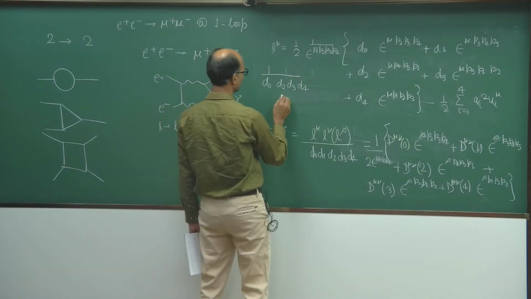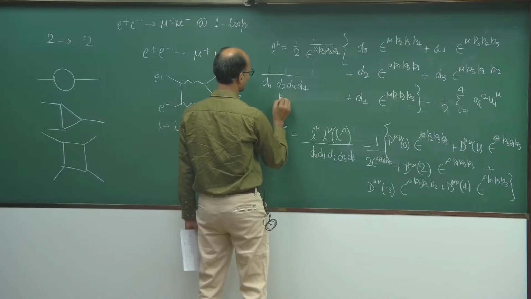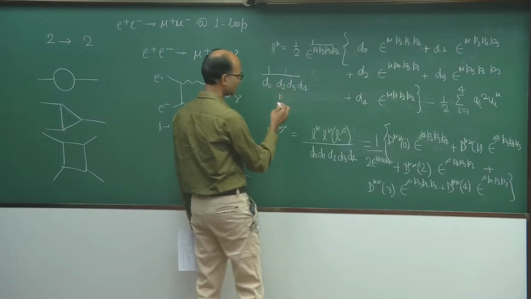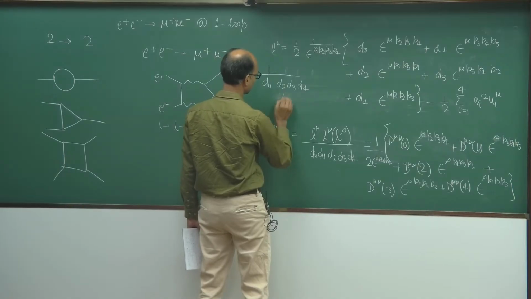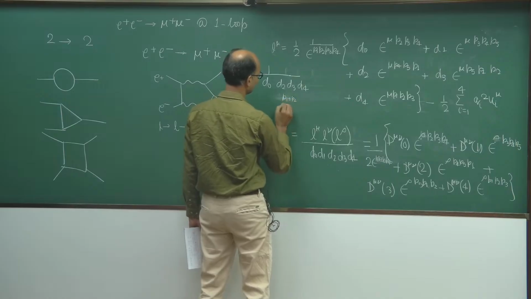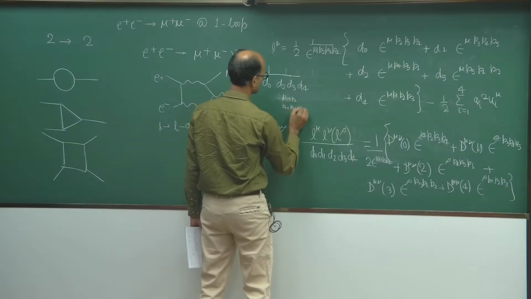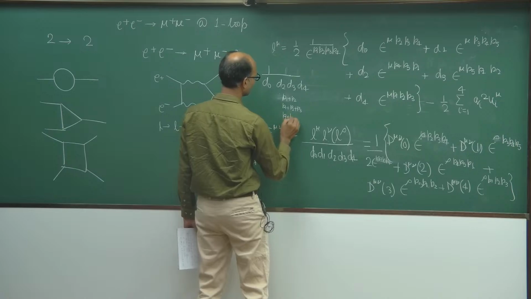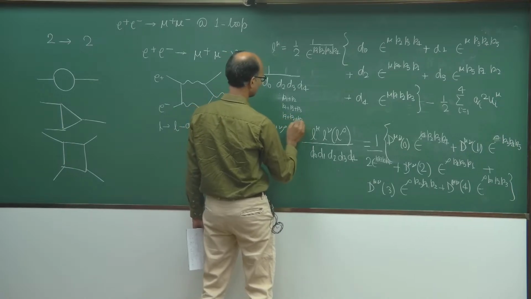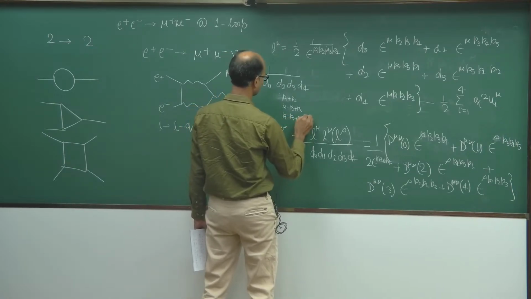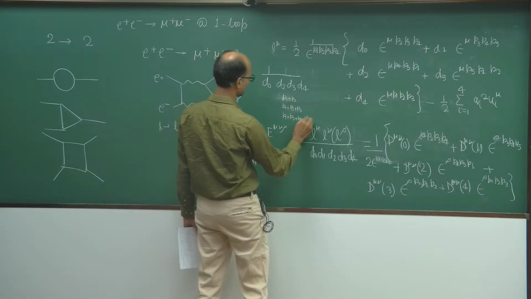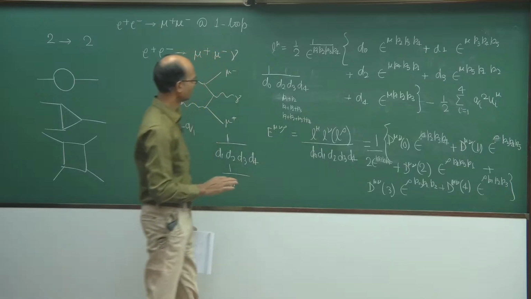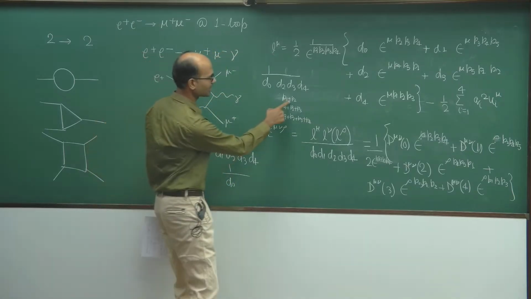Now there is no shifting here, so the momenta which are going are P1 plus P2, then P1 plus P2 plus P3, and then P1 plus P2 plus P3 plus P4. Okay, that's what is happening.